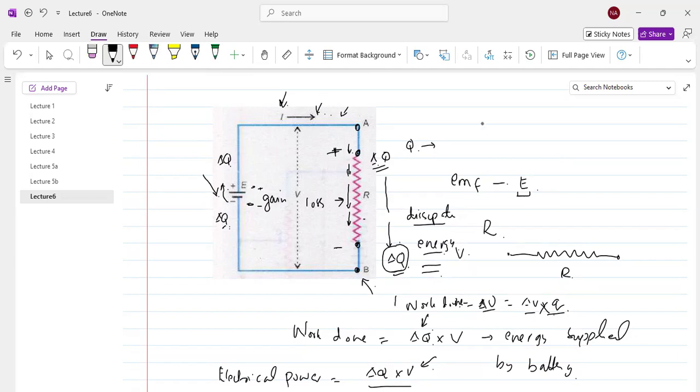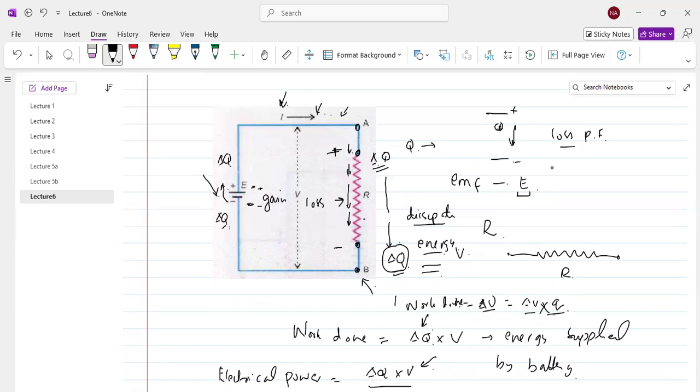This is also evident from the fact we have already discussed: whenever a charged particle, for example an electron, moves from high potential end to low potential end, or a positive charge moves from high potential end to low potential end, they actually lose potential energy.